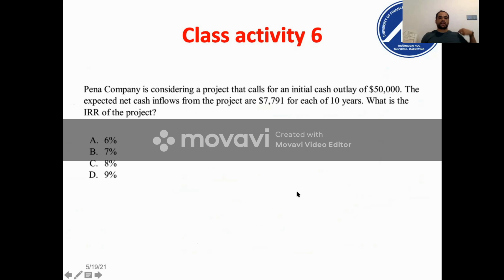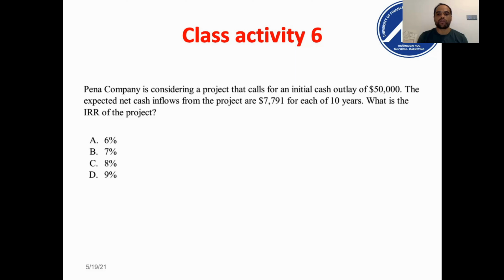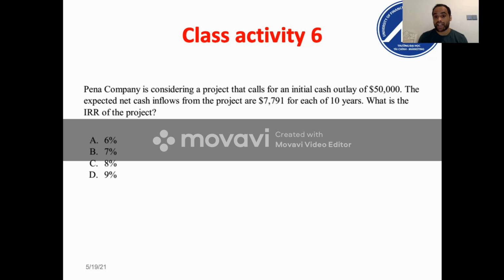It says that Pina company is considering a project that calls for an initial cash outlay of 50,000. The expected net cash inflow from the project is 7,791 for each of 10 years. So this is 7,791 not for 1 year, it's for 10 years. So what is the IRR of the project? Calculate IRR and give me the answer.